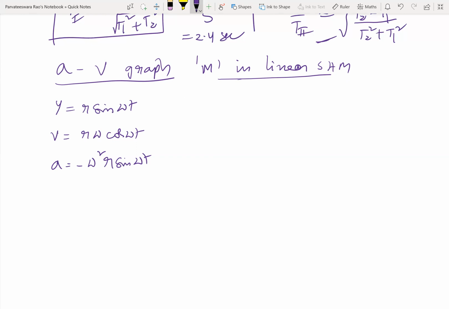From this, sin omega t is A by R omega square, and cos omega t is V by R omega.